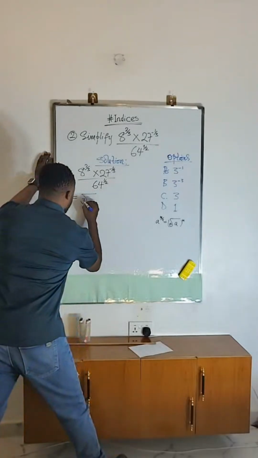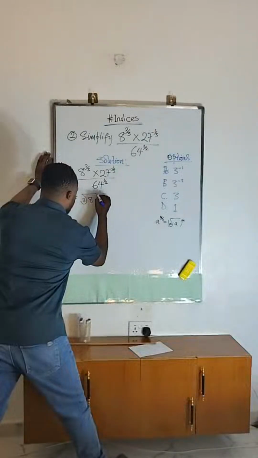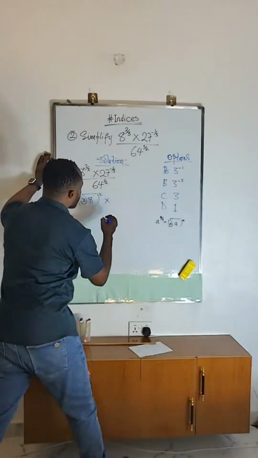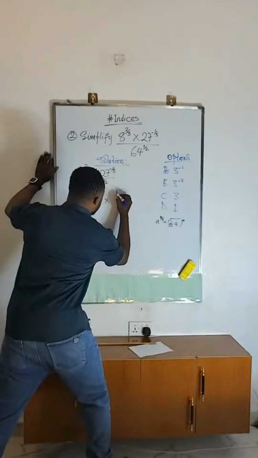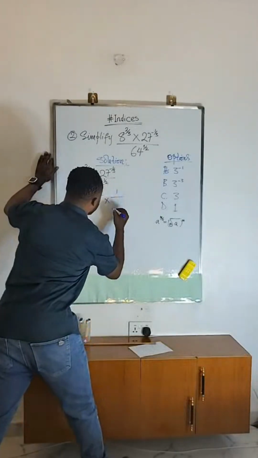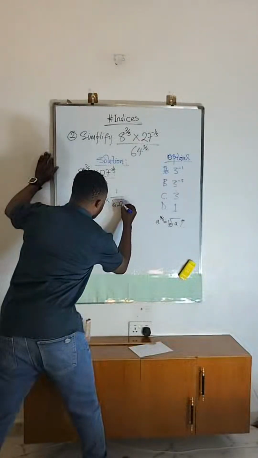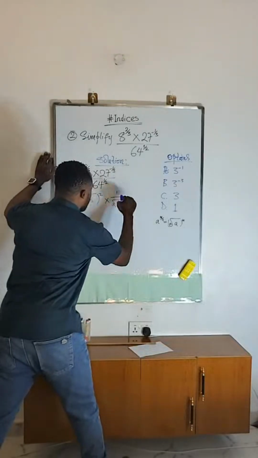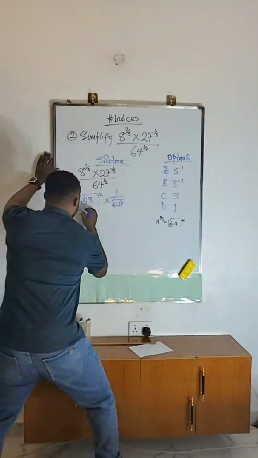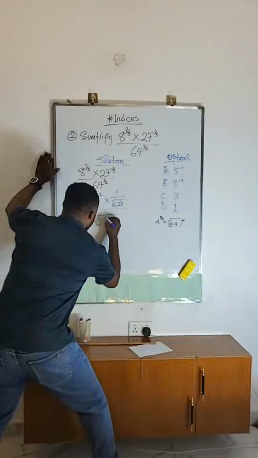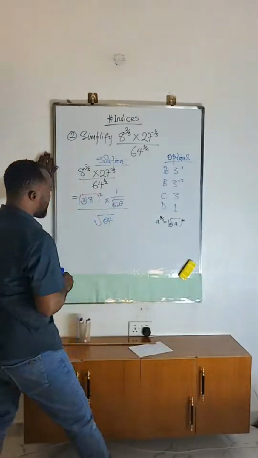This is the cube root of 8 raised to the power of 2, multiplied by 1 over the cube root of 27 raised to the power of 1, all over the square root of 64. Can you see that?